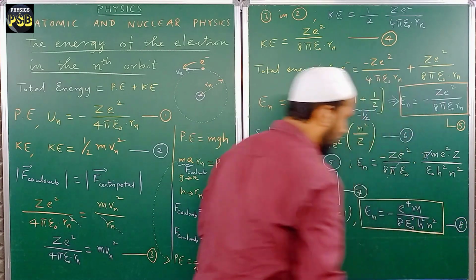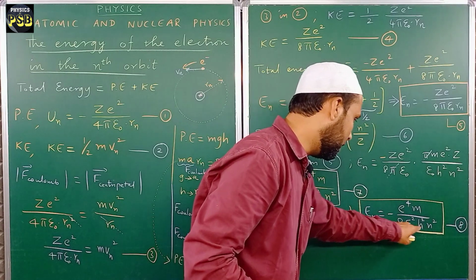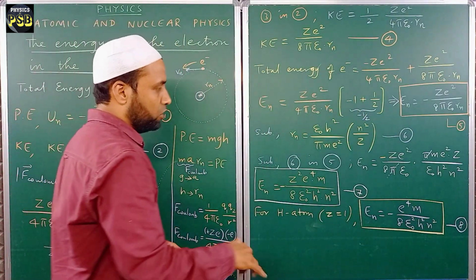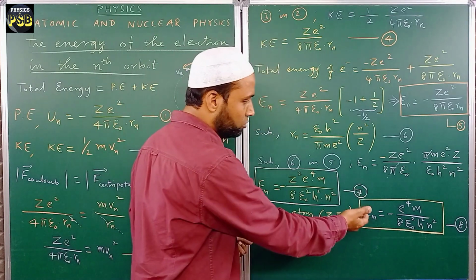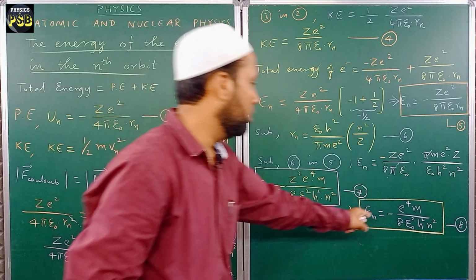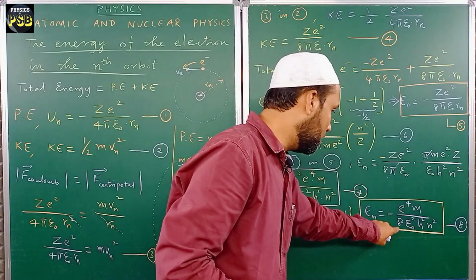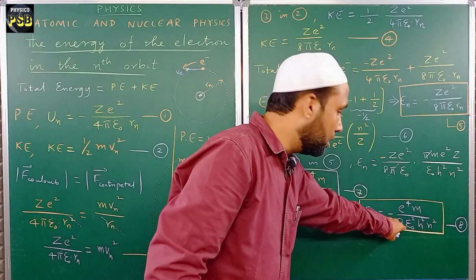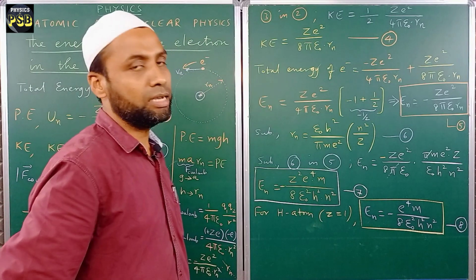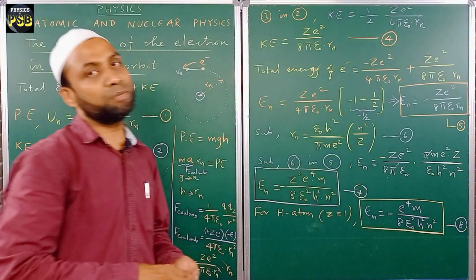In equation number 8, if I substitute the values of e, m, epsilon naught and h, what do I get? Before substituting the values, let me tell you what these things represent. Here e stands for the charge of the electron, m stands for the mass of the electron, epsilon naught stands for the permittivity of free space, h stands for Planck's constant, and n represents the principal quantum number.